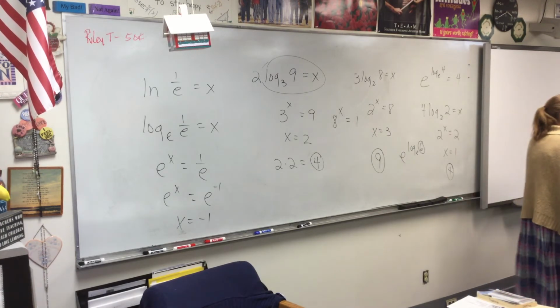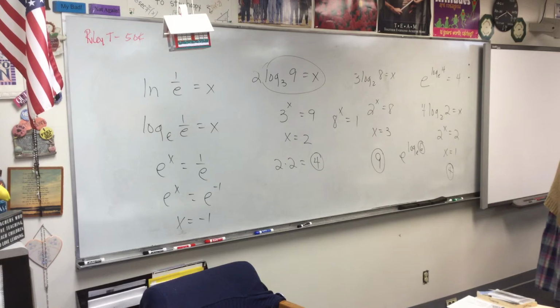This is easy. We're going to get this done in 4 minutes. Let's go. We're just typing in on our calculator. So everybody see your log button? It says LOG.